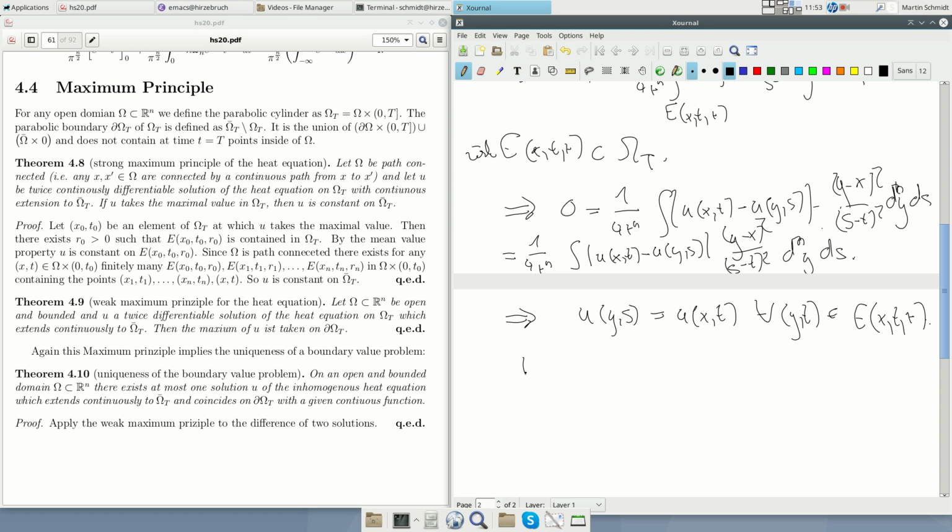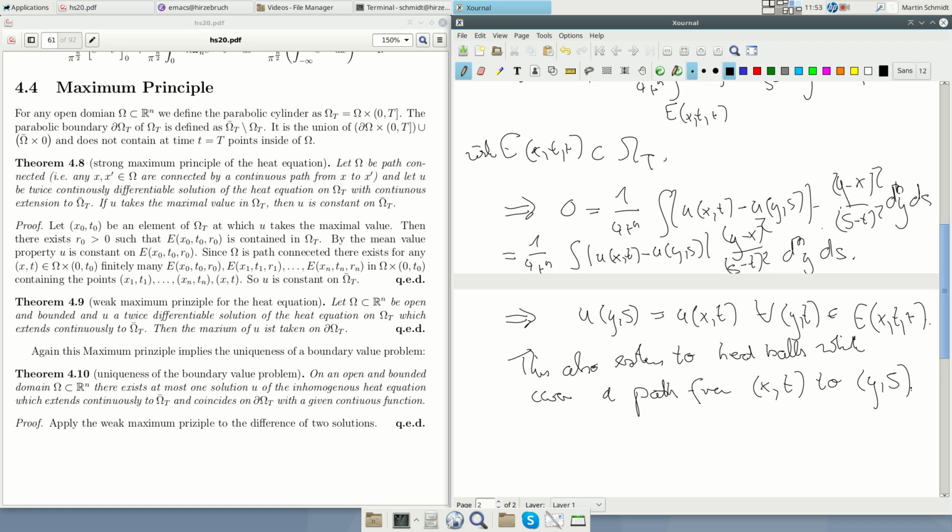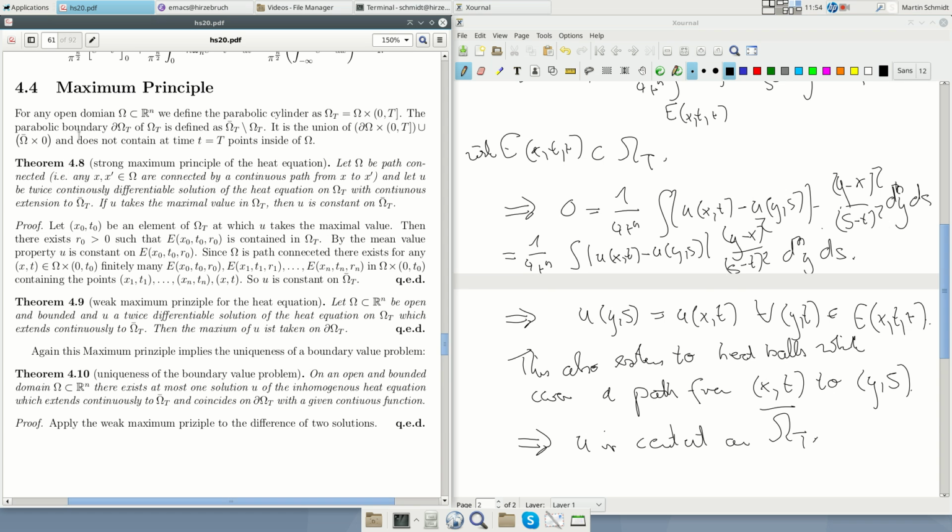So this also extends to heat balls which cover a path from the maximum point to y, s. And so u is constant on the parabolic cylinder, and by continuity also on the closure. So this proves the strong maximum principle.